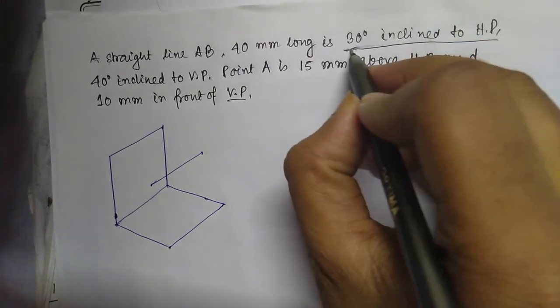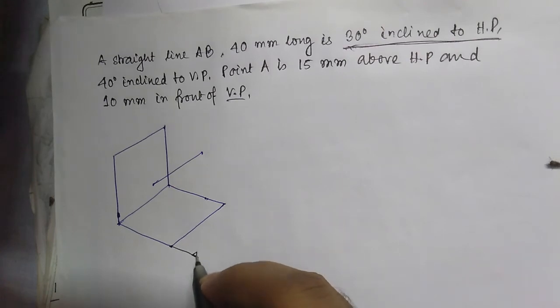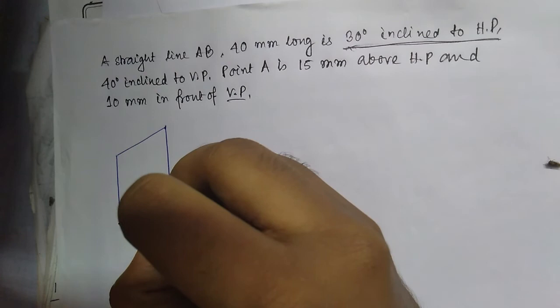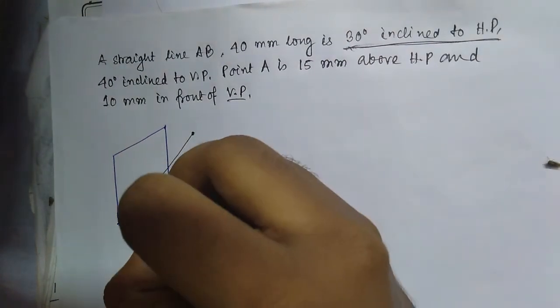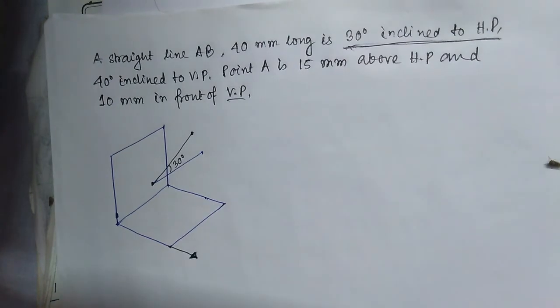If we want to rotate it with respect to horizontal plane, then axis of rotation will be this axis. So new position of the straight line will be this one.